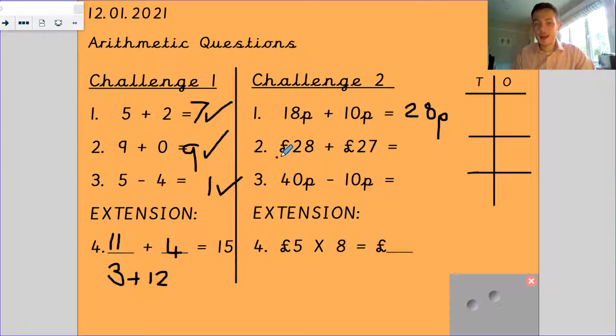28 pounds add 27 pounds. So what I'm going to do is write it in here. I'm going to put 28 add 27. 2 tens, 7 ones. Here we go. So starting off, 8 add 7. Well, I know that 8 add 7 is more than 10. Whatever the answer over 10 is, my 10 is going to cross over into the 10 side, because I can't have a 10 in a 1 side.